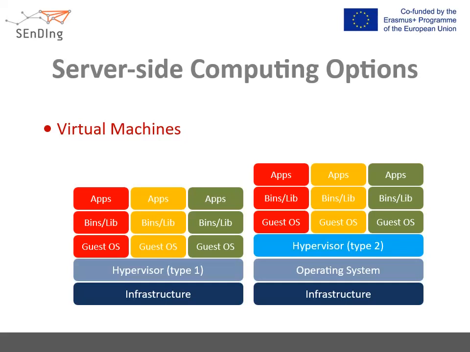There are two types of hypervisors. Type 1 hypervisor, also known as a bare metal hypervisor, runs directly on the system hardware. Type 2 hypervisor runs on a host operating system and provides virtualization services, such as input/output device support and memory management.